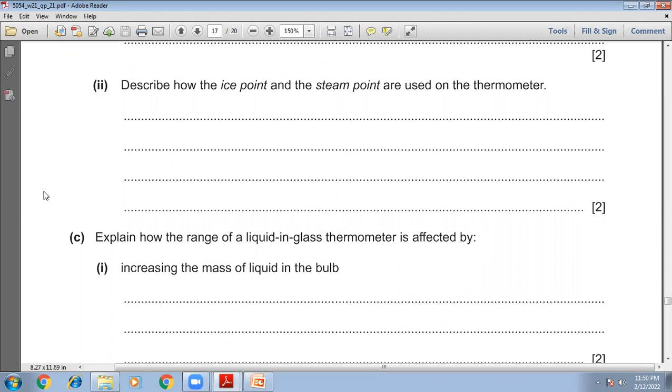The level of the mercury rises, and when it becomes steady, at that position you put a mark on the thermometer and you write there 100 degrees centigrade. Then you divide the distance between the ice point and the steam point into 100 equal intervals. So you can see this is being used to calibrate the thermometer.